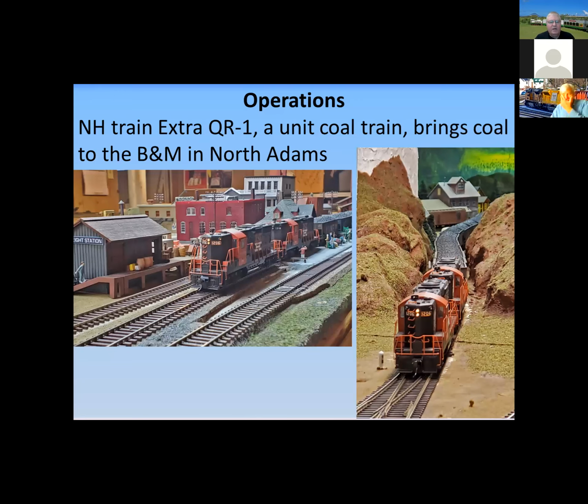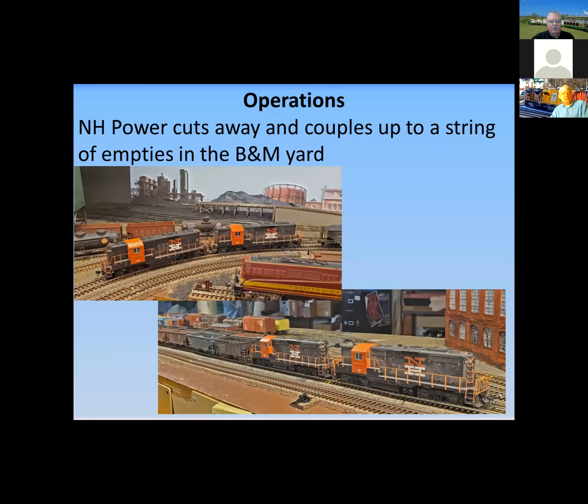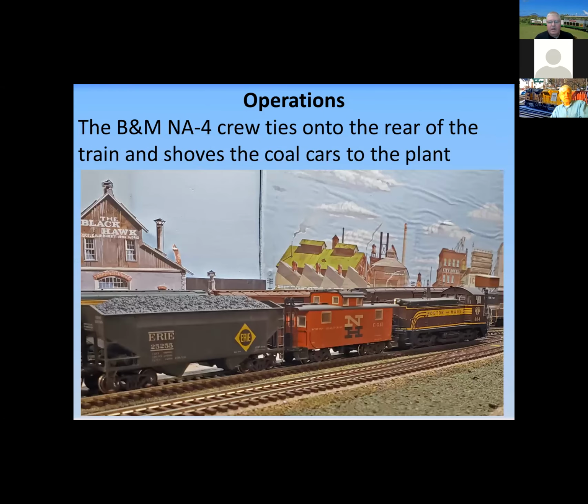And next up, as part of the operations, there's a New Haven unit coal train that snakes its way across the layout and makes its way up to North Adams. At North Adams, the power will cut away and tie on to the empties. And then the local will shove the coal cars into those exchange tracks at the plant.